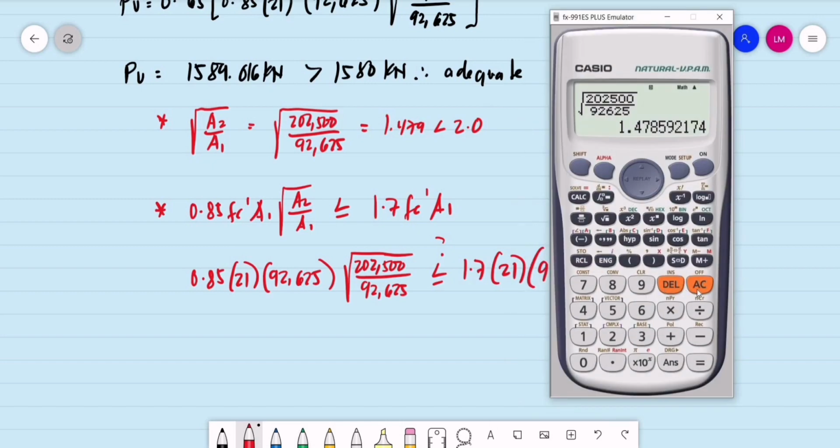For the value on the left, we have 0.85 of 21 megapascals, 92,625, then multiplied by the square root of 202,500 divided by 92,625, and divided by 1,000.